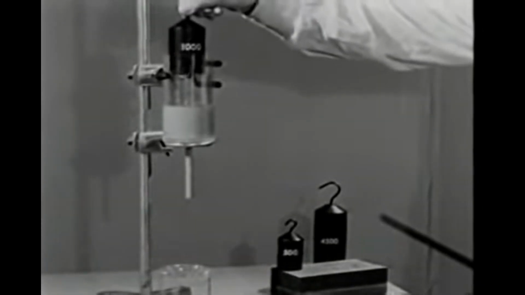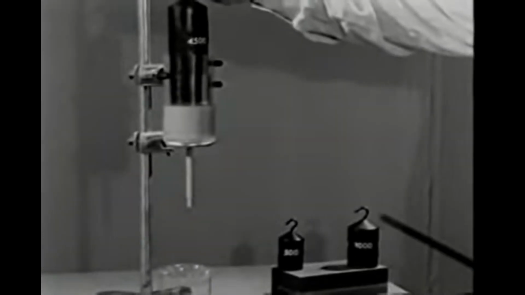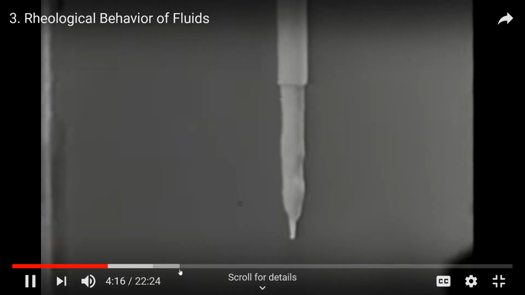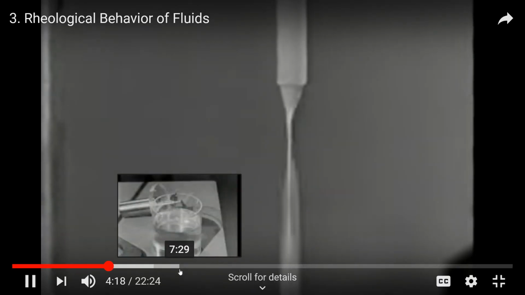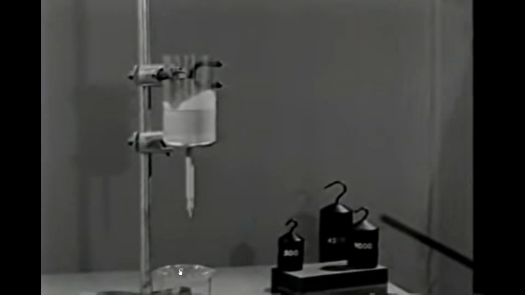Now a larger weight. It flows, but very slowly. A much larger weight. The flow is fairly rapid. I take the weight off. The flow stops. In a state of equilibrium, this material can support a shearing stress up to a critical value called a yield value.